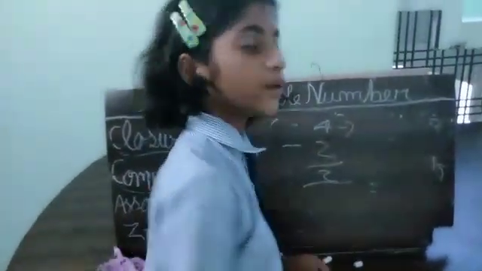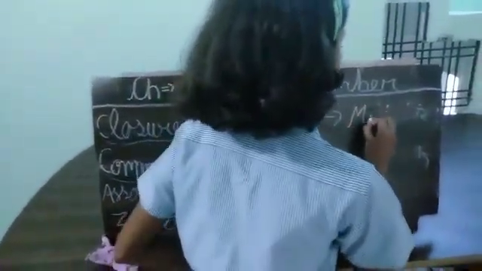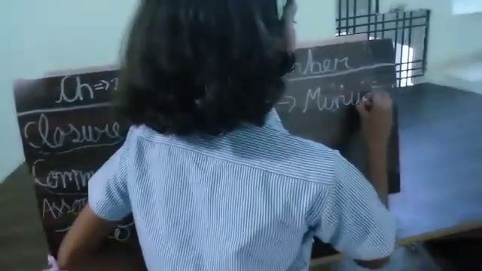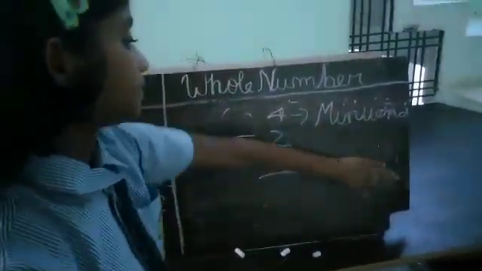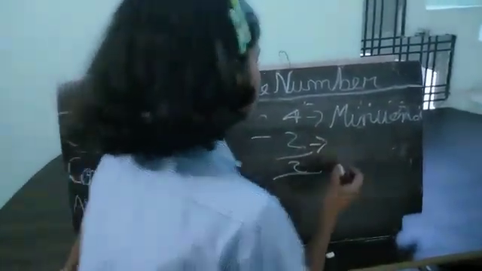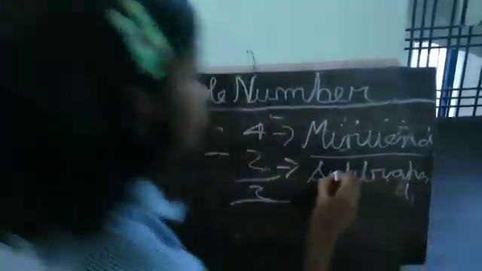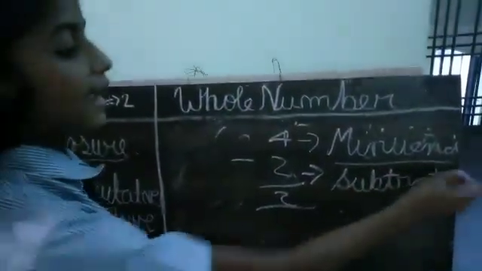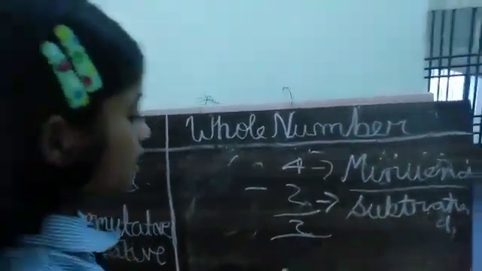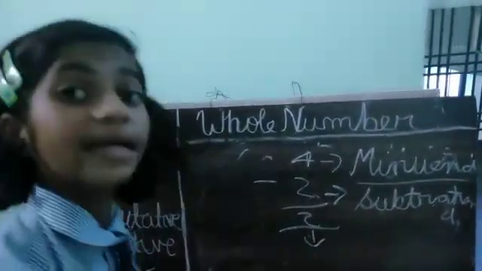First is minuend. Second is subtrahend. Third part is remainder.